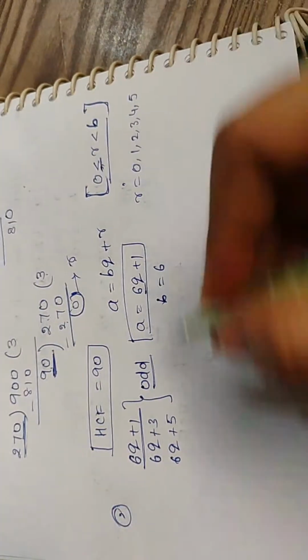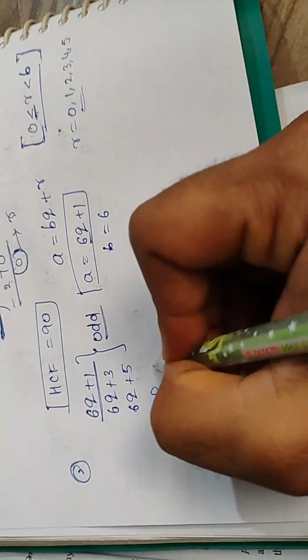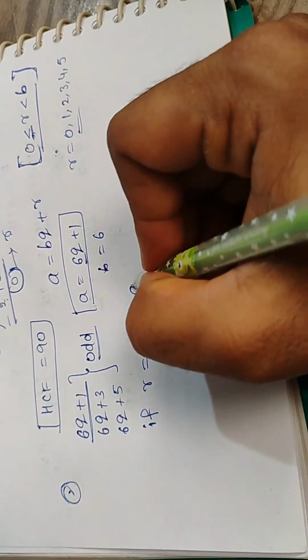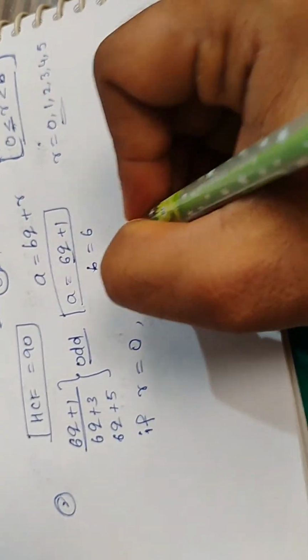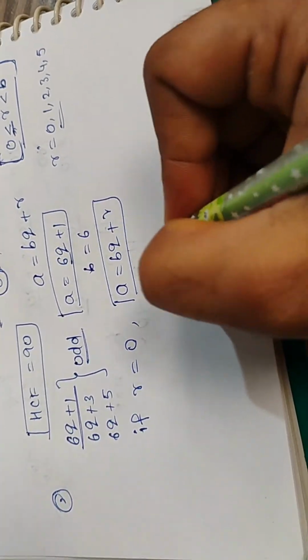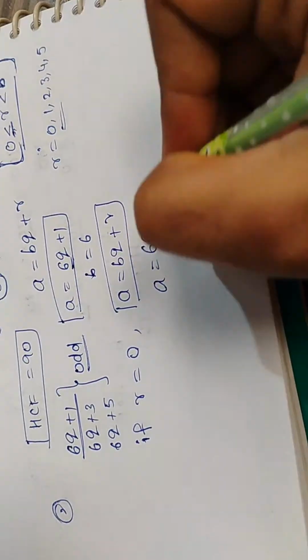Again, we can write this. If r is equal to 0, what can you write? a is equal to bq plus r. In this format, a is equal to 6q plus 0.